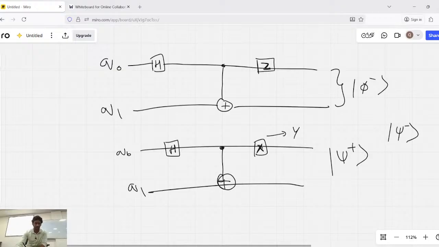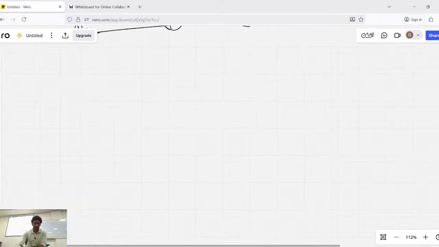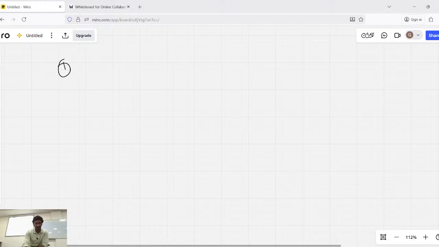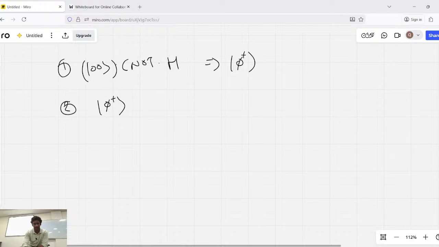So here I will write everything clearly. Well, we can write it like this. C naught with Hadamard gate, with my input 0, 0, gives rise to my phi plus state.